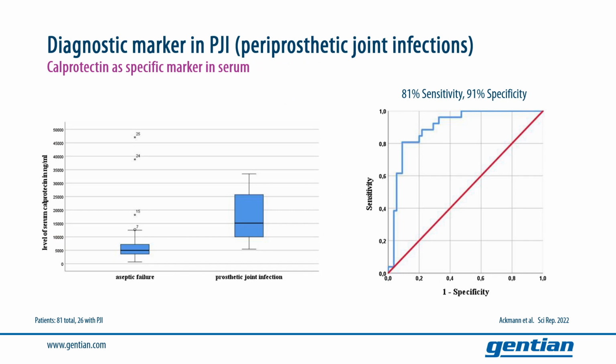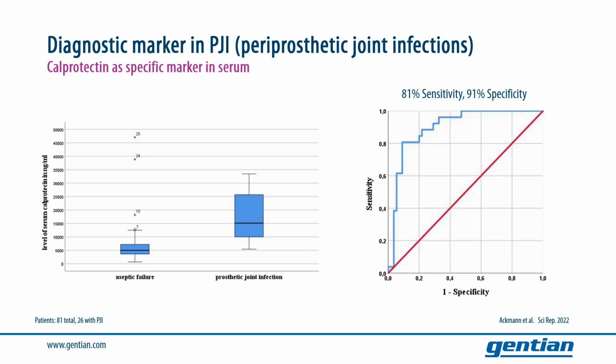There is one more publication I want to show you looking selectively at serum calprotectin in PJI diagnosis. As the previous paper, they reported a good diagnostic performance of calprotectin with high specificity of 91% and good sensitivity of 81%, confirming the value of calprotectin measured in blood samples for the diagnosis of this localized infection.